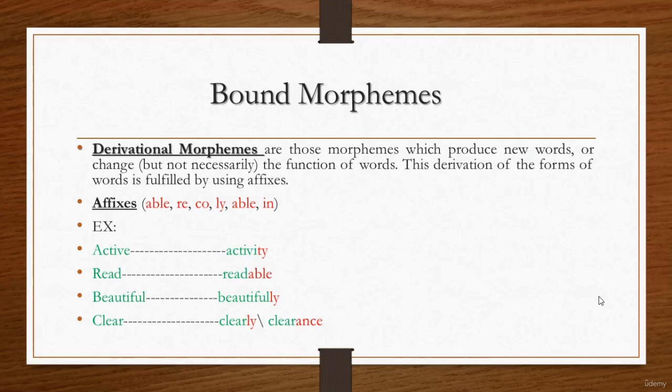Clear, clearly, clearance: from adjective to adverb, and clearance, which is a noun. Here we have new words, but sometimes the category doesn't change. But most of the time, the categories can be changed.